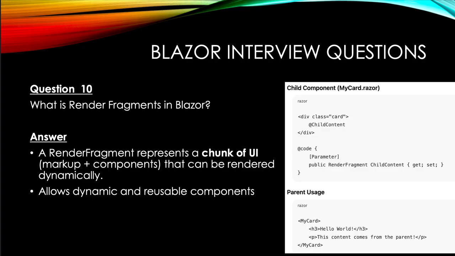Render fragments let the parent inject UI markup into the child, making components flexible and reusable. In the example I specified here, the child renders whatever markup the parent provides, and that will get displayed in the child.